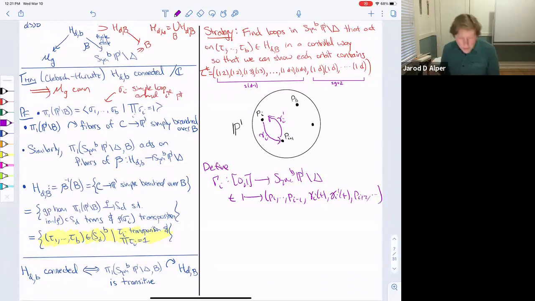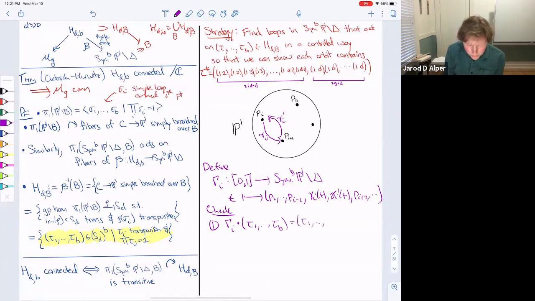Okay. And then what you need to check, I'm not going to give all these details, but you check 2 things. One, you check that this action, if I act by gamma i on transpositions tau 1 to tau B, it has the effect of fixing the first i minus 1, and then it conjugates the i plus 1 guy by i, and then the i plus first guy.